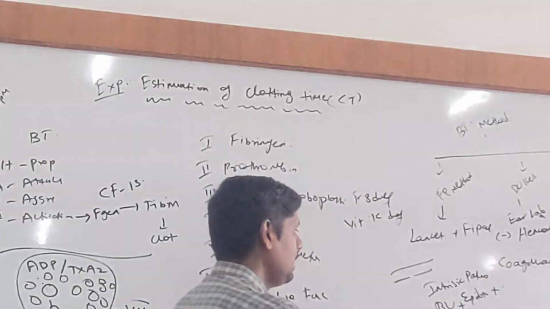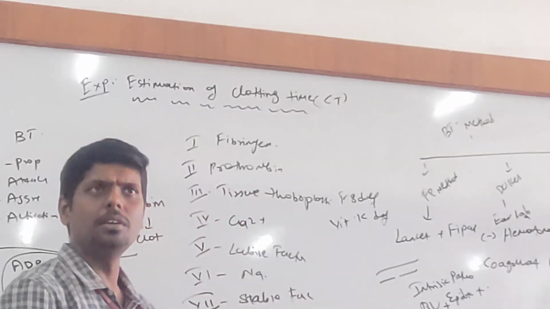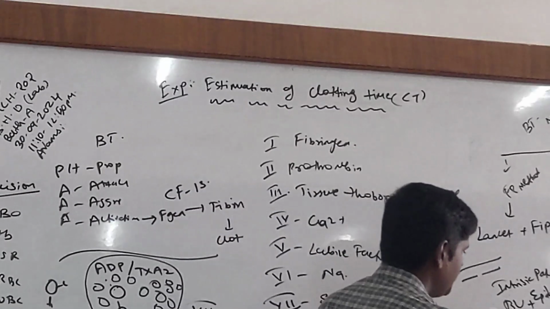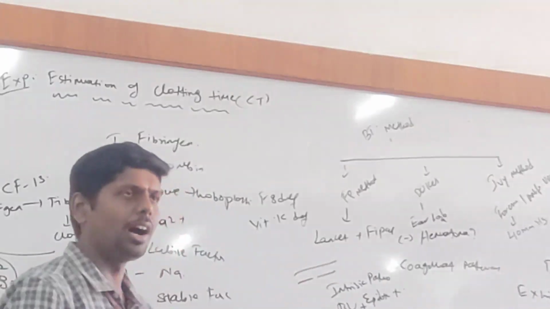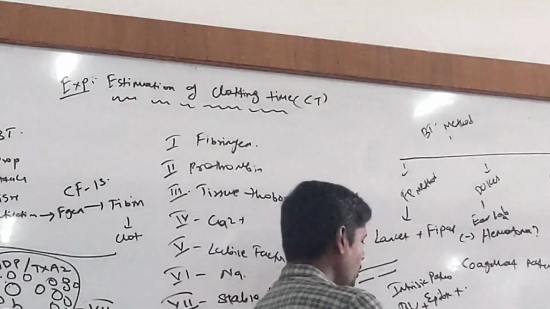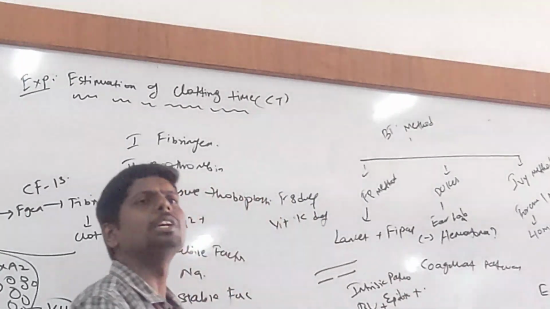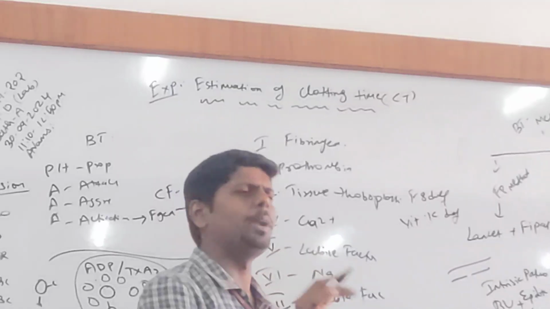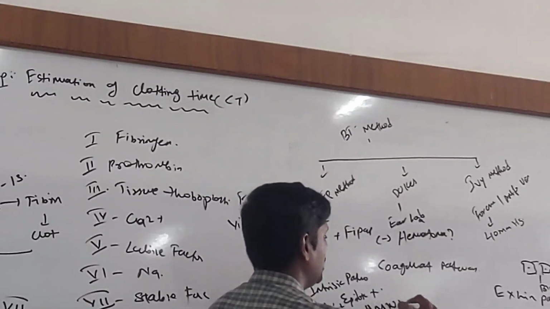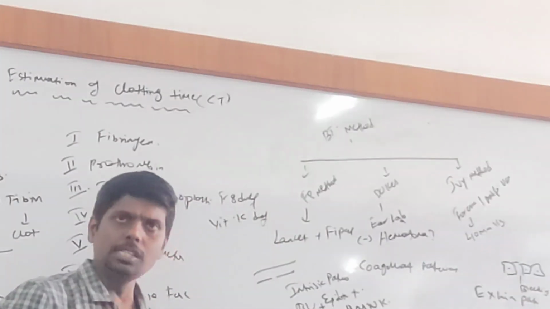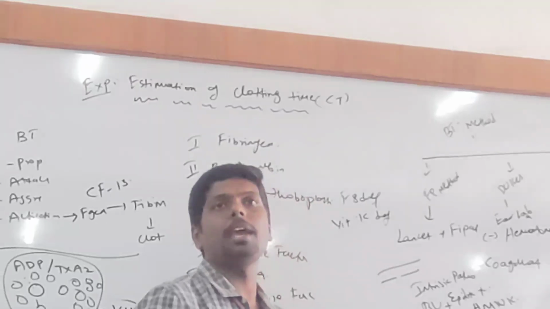Now, factor 12 circulating in the blood will be converted to 12A. How was 12 activated? The triggering was blood vessel damage. Immediately after blood vessel damage, the vessel will release high molecular weight kininogen. In the presence of high molecular weight kininogen, 12 will be converted to 12A.